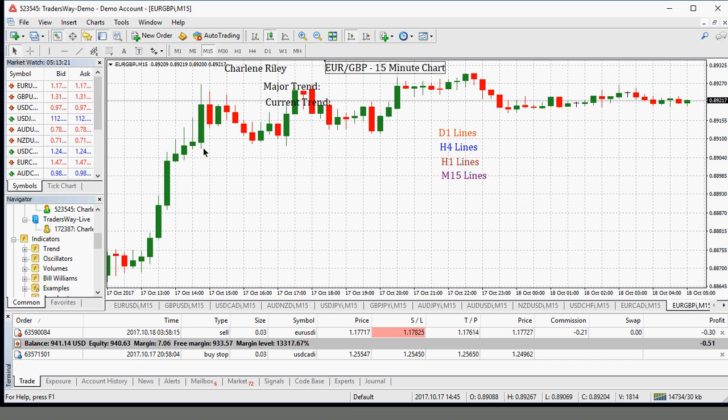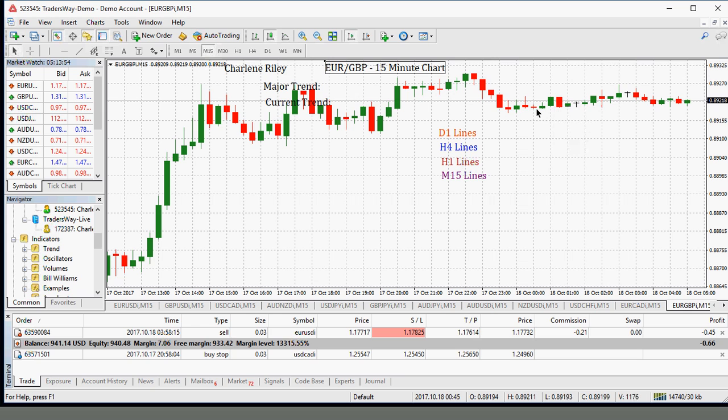You had a nice uptrend over here, a series of higher highs. High, next candlestick higher, higher, higher. So we know that even though you had this big uptrend, overall the market has been in consolidation.